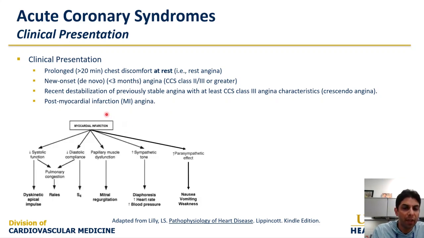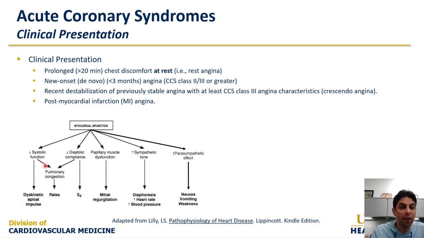So this is a figure that you're familiar with from our team-based learning session on unstable angina that has been modified for acute coronary syndromes. So when a patient is potentially suffering a myocardial infarction or is indeed suffering a myocardial infarction, there can be a decrease in systolic function depending on which artery is involved or what muscle is involved, which can result in uncoordinated mechanical activity or a patient may have a dyskinetic apical impulse.